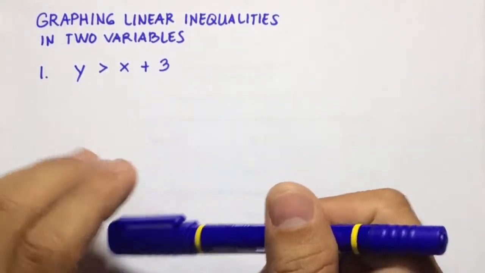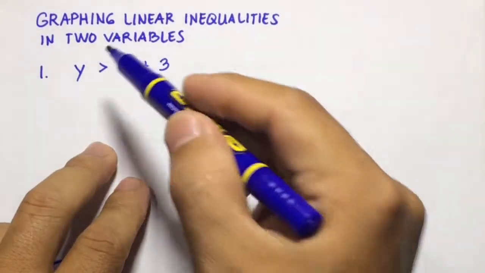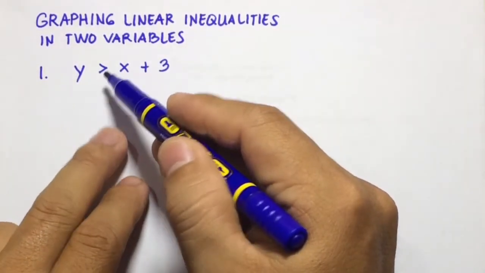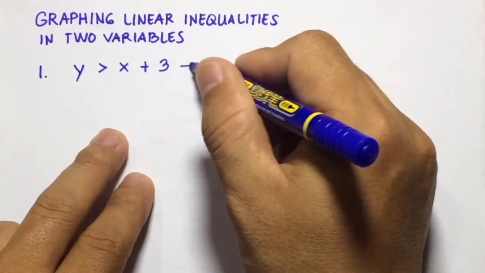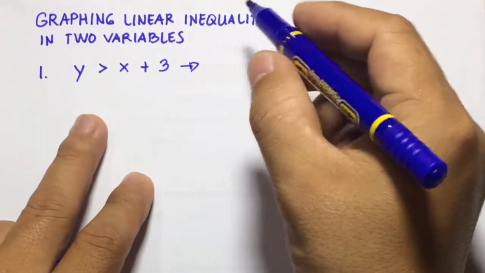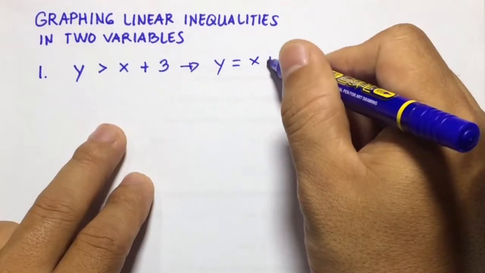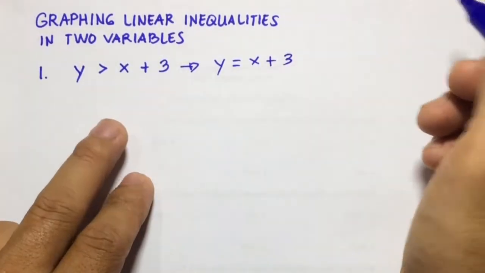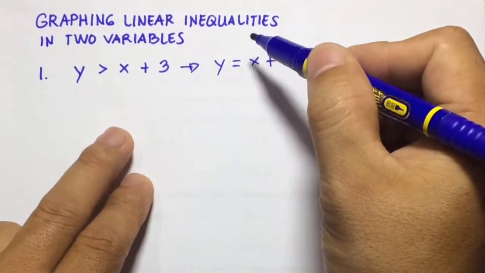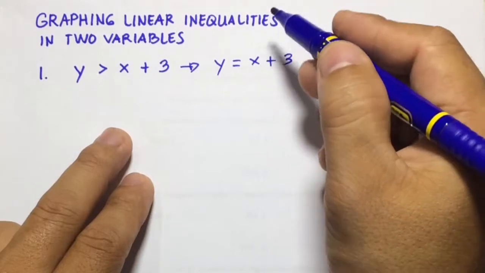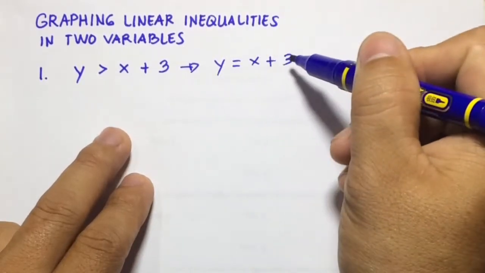So what we're going to do first is replace the inequality sign with an equal sign. So we're going to make y is greater than x plus 3 into y equals x plus 3. Then we're going to find 2 points on this equation.